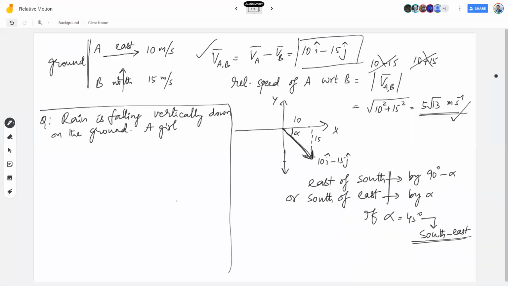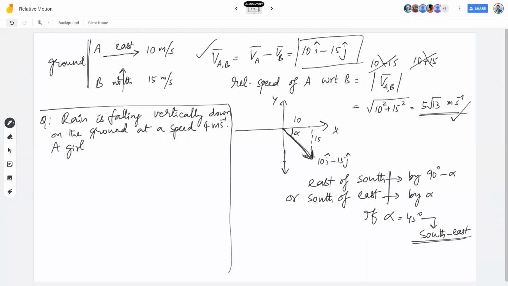A girl is walking on the horizontal ground. Sorry, just a second. I should have given the speed of raindrops. That would make it a lot easier. Rain is falling vertically down on the ground at a speed, say for example, 4 meters per second. That's a lot of speed, but that's okay.